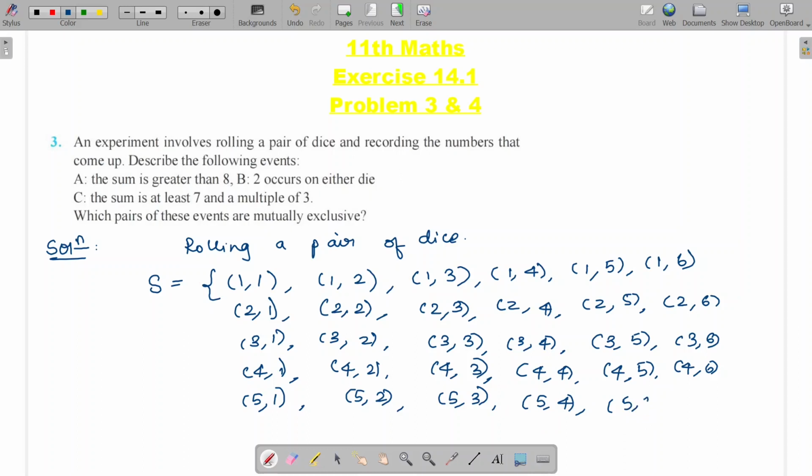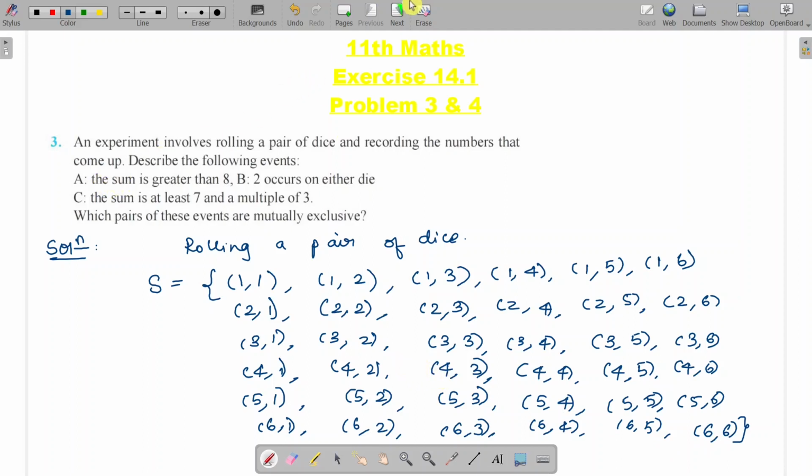Then 5 comma 5, then 5 comma 6, then 6 comma 1, 6 comma 2, right? 6 comma 3, 6 comma 4, okay, 6 comma 5, and 6 comma 6, right? So this is what we will get as the sample space.